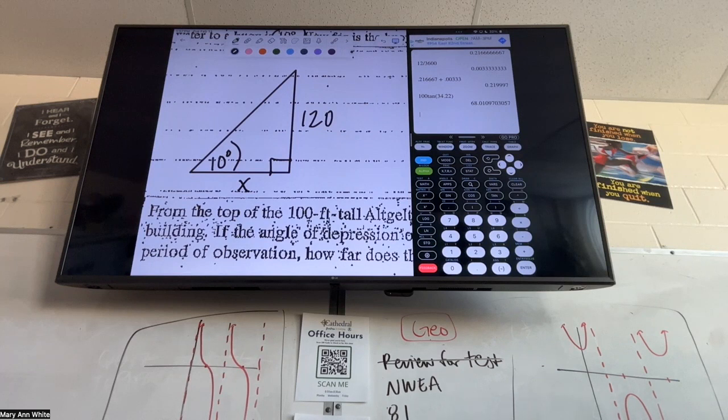I don't think it makes a lot of sense to ask how far is the buoy from the lighthouse and go to the top of the lighthouse, unless it's like, I am at the top of the lighthouse, how far away am I from the buoy? So when in doubt, I'm going to go with that horizontal distance. Label our O's, A's, and H's. Figure out your trig function, plug and chug.